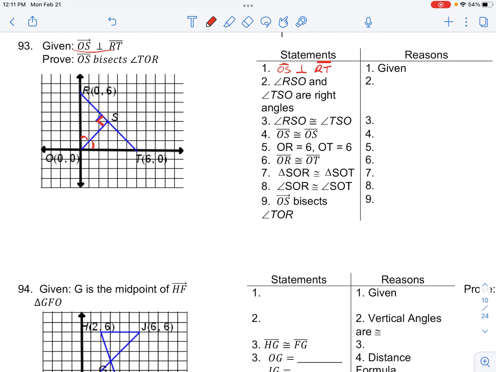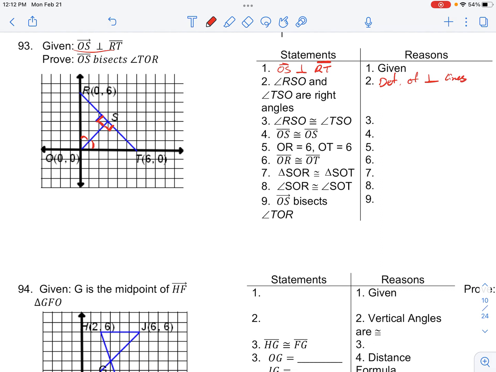And angle TSO are right angles. So TSO is this angle. This is because of the definition of perpendicular lines. So since the ray and the line were perpendicular, they form right angles. So this is the definition of perpendicular lines.